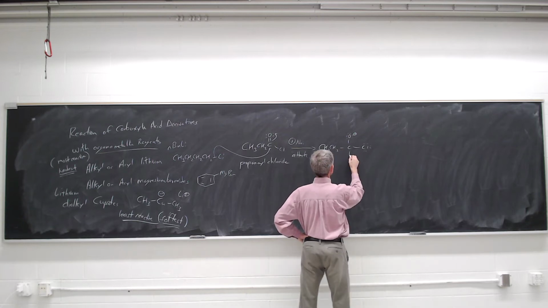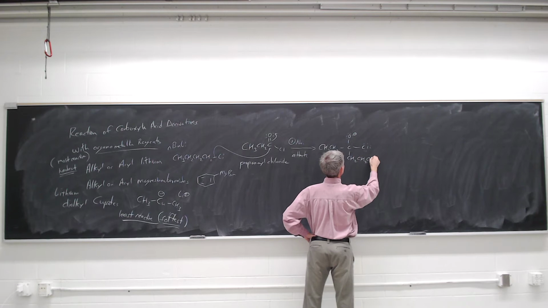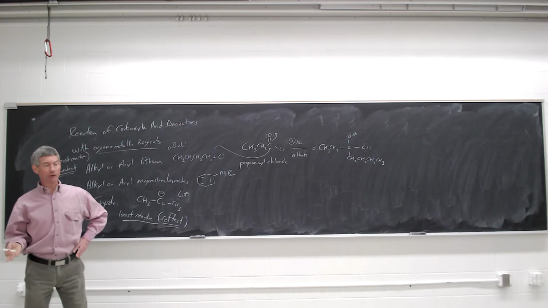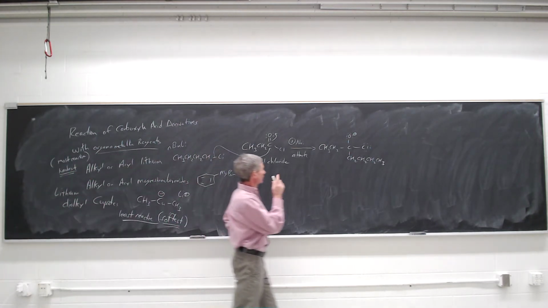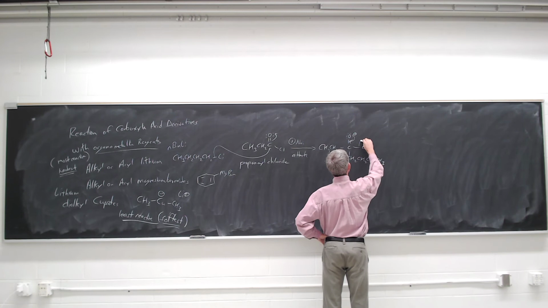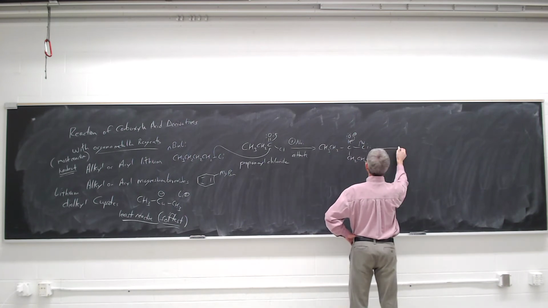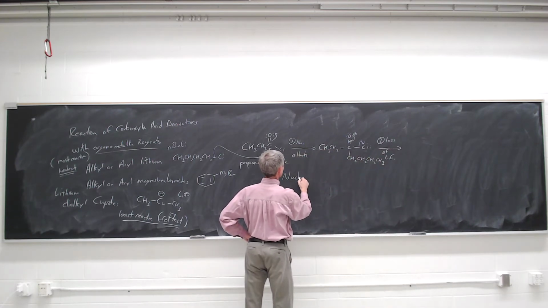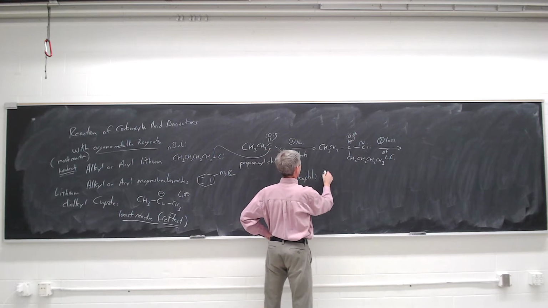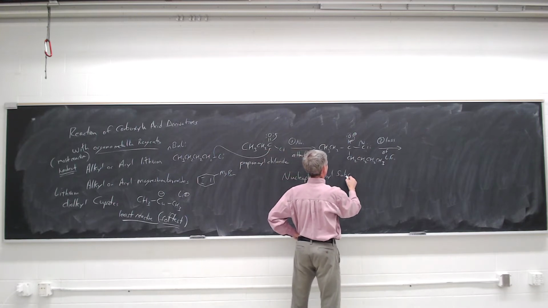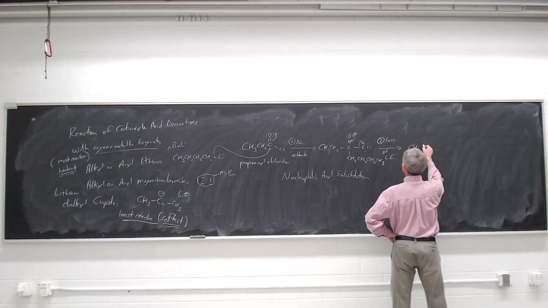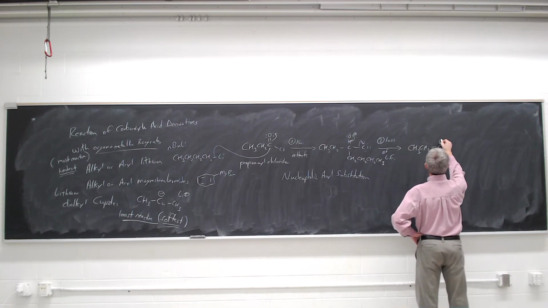Exactly what we would expect to happen to an aldehyde or a ketone to generate an alcohol, but in this case we have a leaving group, so we can take out the leaving group and complete a nucleophilic acyl substitution. Generate a ketone.